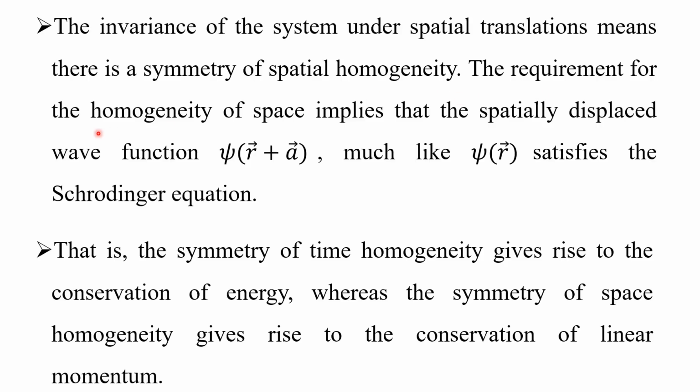The requirement for homogeneity of space implies that the spatially displaced wave function, that is psi of r plus a small vector a, must be like psi of r, which satisfies the Schrodinger equation. That is, symmetry of time homogeneity gives rise to the conservation of energy, whereas symmetry of space homogeneity gives rise to conservation of linear momentum. These 2 points are very important.